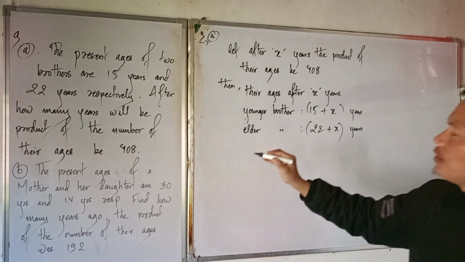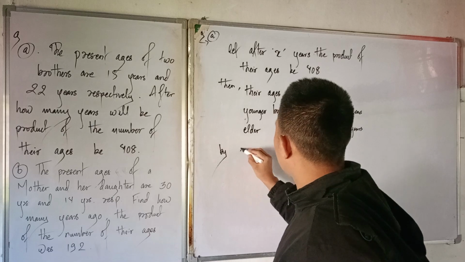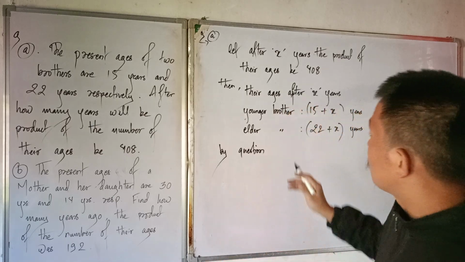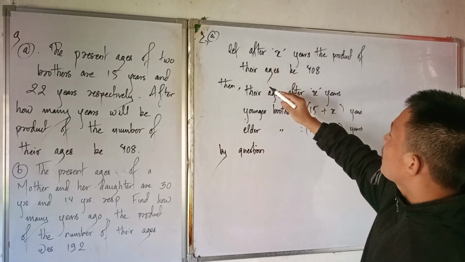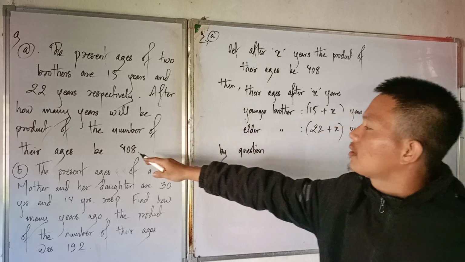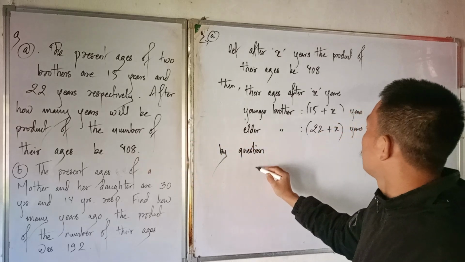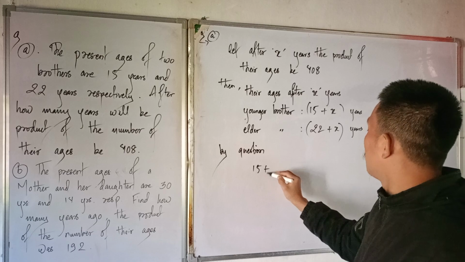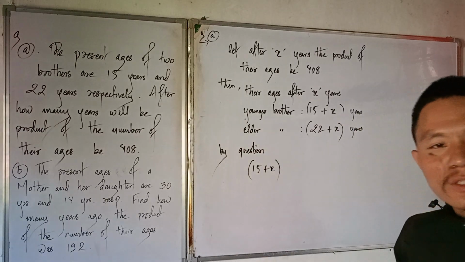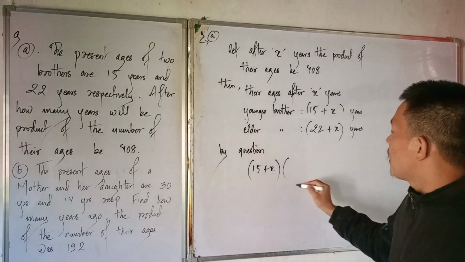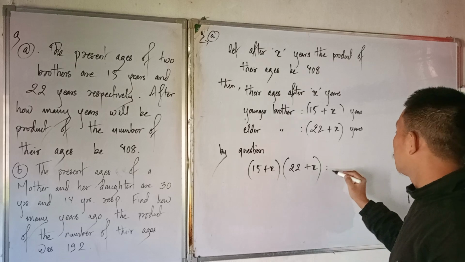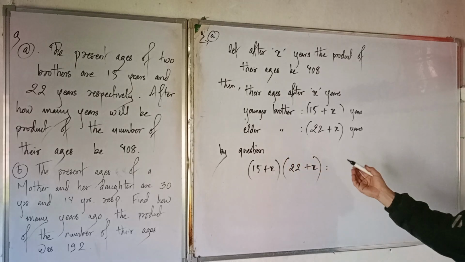Now by the question, the product of their ages after x years should be 408. So 15 plus x is the age of the younger brother after x years, and 22 plus x is the age of the elder brother after x years.